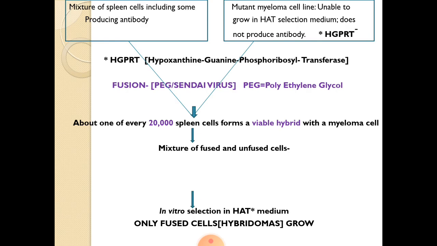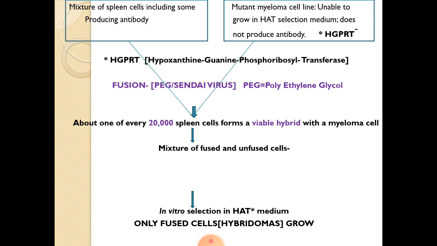These cells are cancerous cells, do not produce antibody, and at the same time they are mutants in the sense they are HGPRT negative. They cannot produce the enzyme hypoxanthine guanine phosphoribosyltransferase because a mutation has occurred not to produce this enzyme.